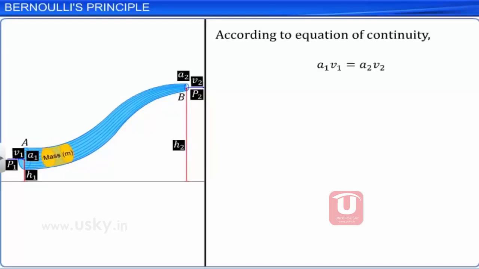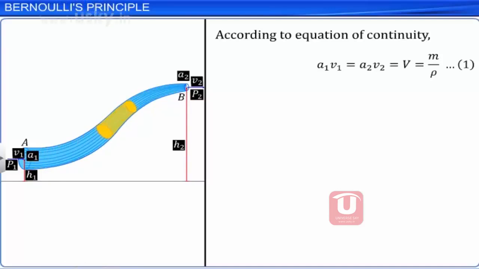If m is the mass of the liquid element crossing per second through any section of the tube, then A1V1 is equal to A2V2, which is equal to the volume of the liquid V flowing per second. This can be expressed as the ratio of mass m to density ρ of the liquid. Let this be equation 1.